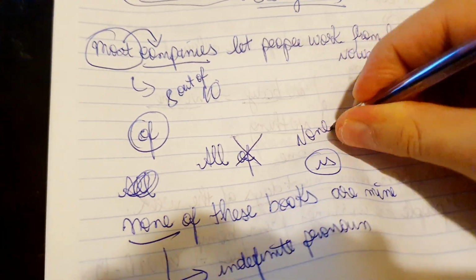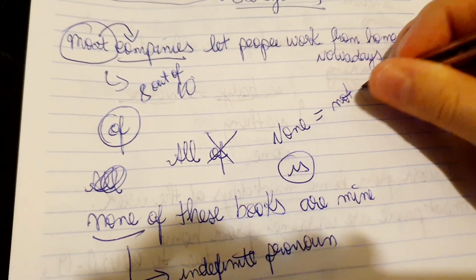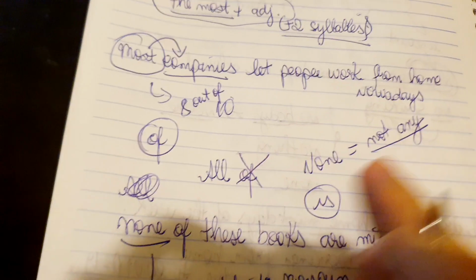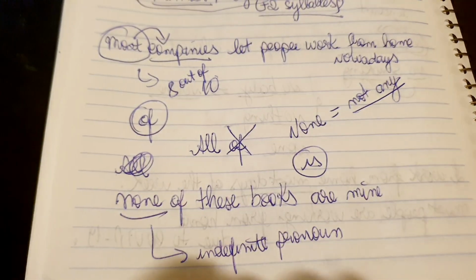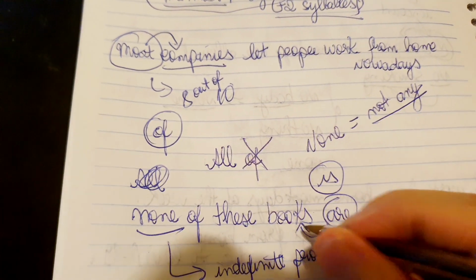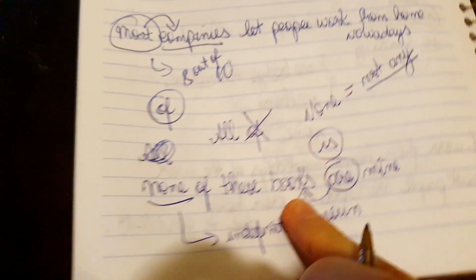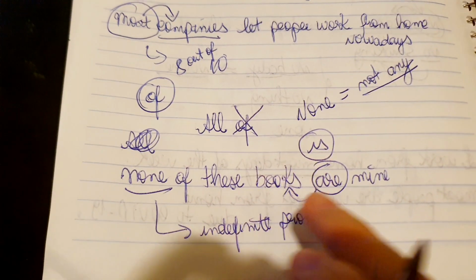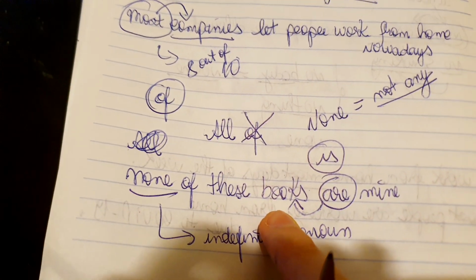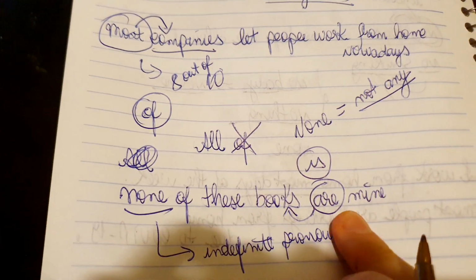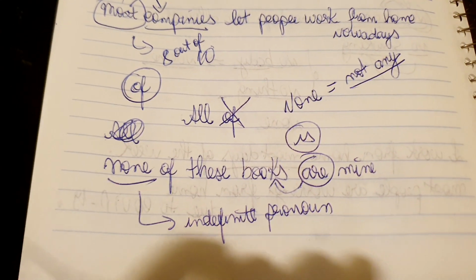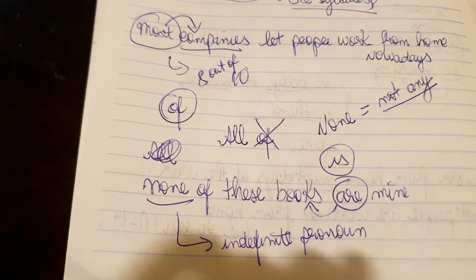None here means not any. Okay? Not any of these books. And the verb follows the number from the noun. So if the noun is plural, the verb can be plural as well. So it's correct, okay? It's a good explanation, I see here.